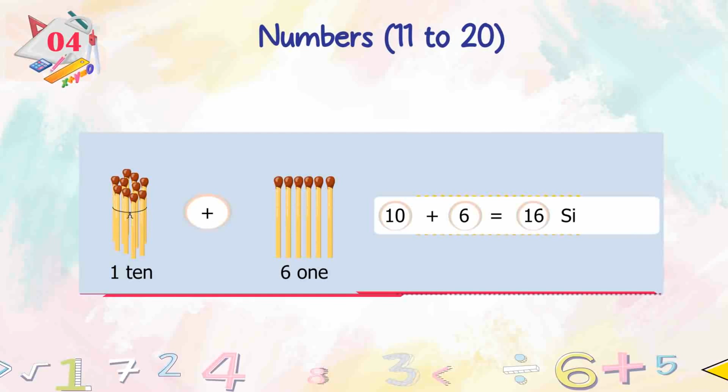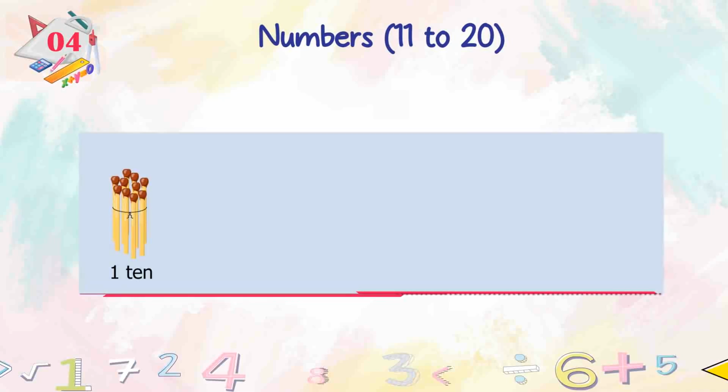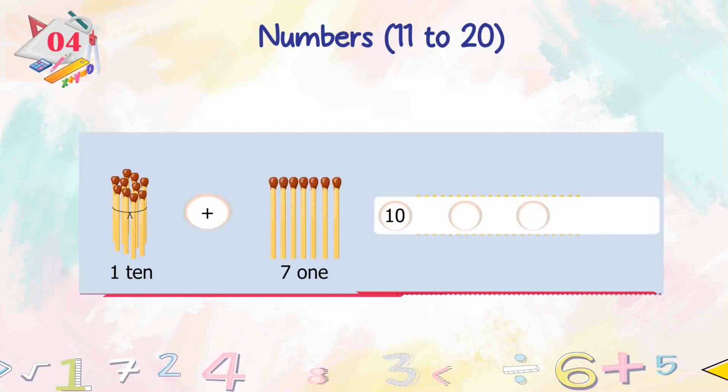S I X T E E N. 1 ten plus 7 ones, 10 plus 7 is equal to 17. S E V E N T E E N.